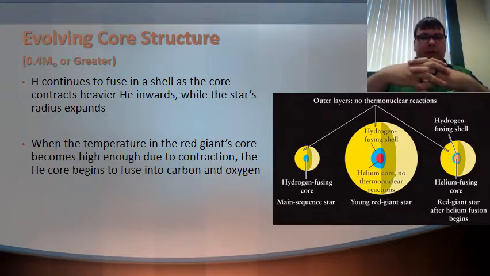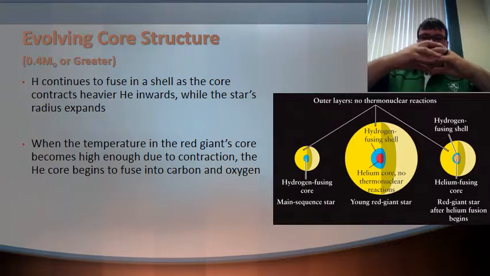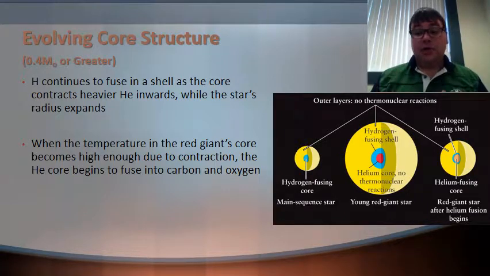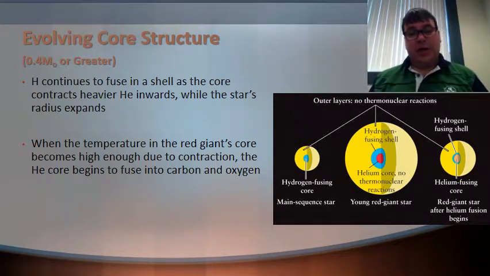Hydrogen, being a little bit lighter and still fusing, is pushed out away from the helium into what we call a fusing shell. So this would be a hydrogen fusing shell. This is where the star has left the main sequence and it has become a young red giant.